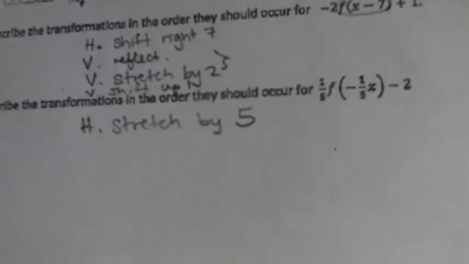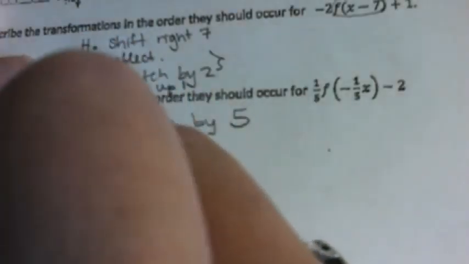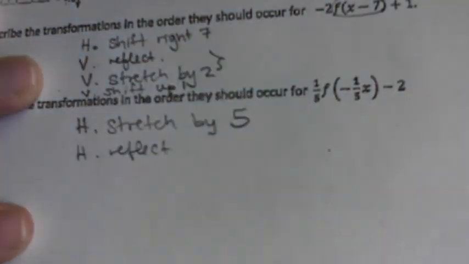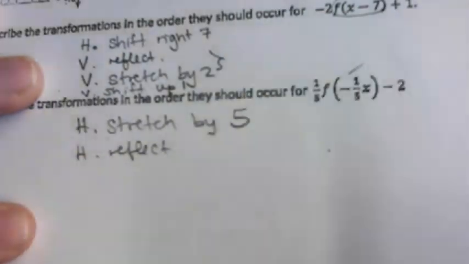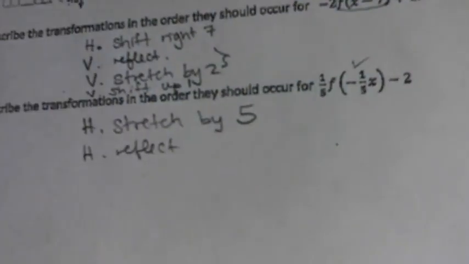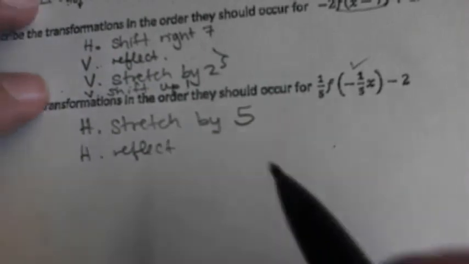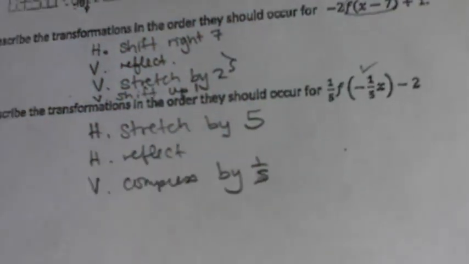Well, we're just going to go with the 5. The negative is technically a different transformation, right? When you negate something, that's a horizontal reflection. So that covers the negative and the 1/5. What would come next, Corey? Vertical compression. Very good. By 1/5. Very good. See how compressions always are paired with a number less than 1.